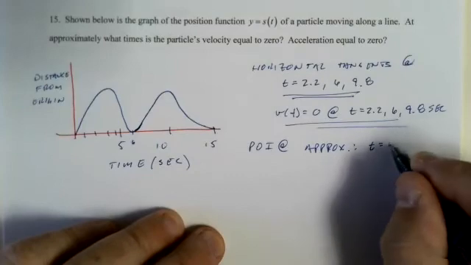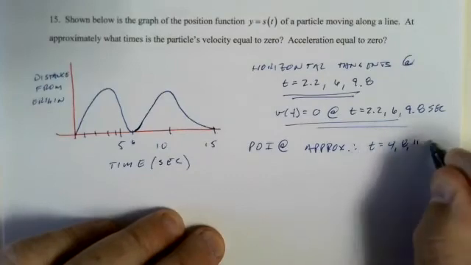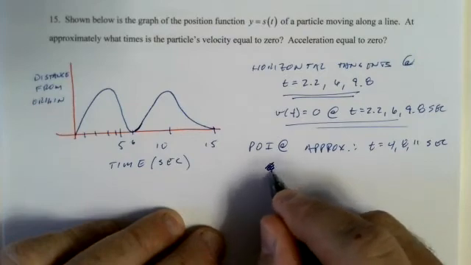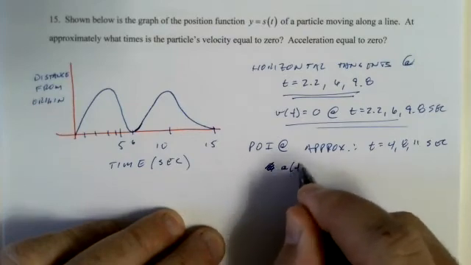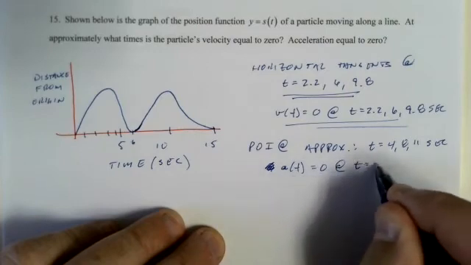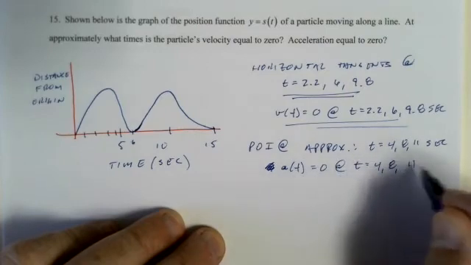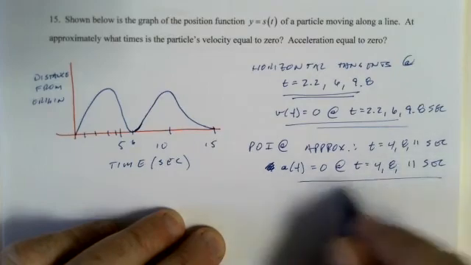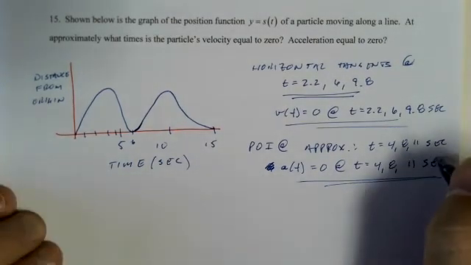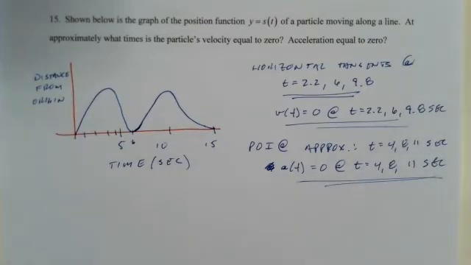We're not getting any more precise than that. Therefore, a of t equals 0 at t equals 4, 8, 11 seconds. Sorry for my crummy e's.